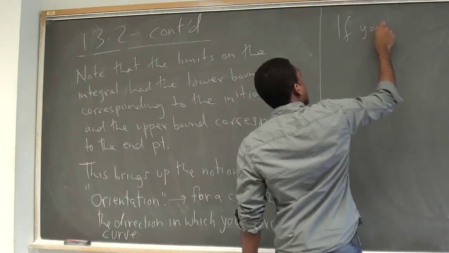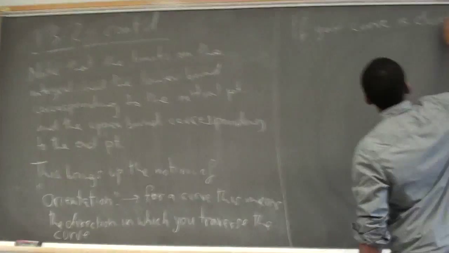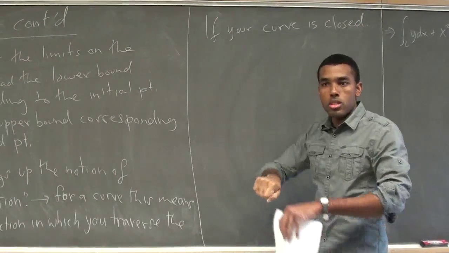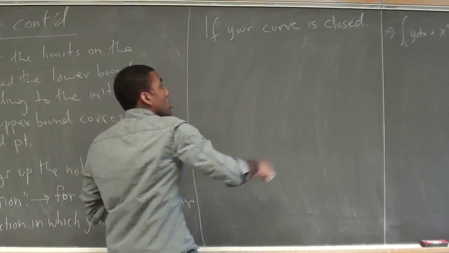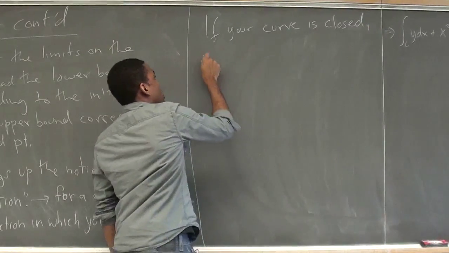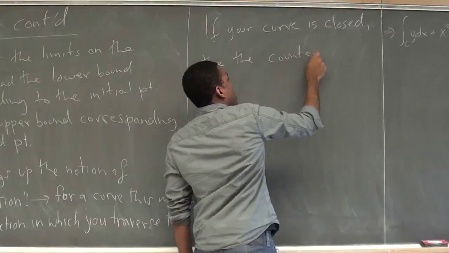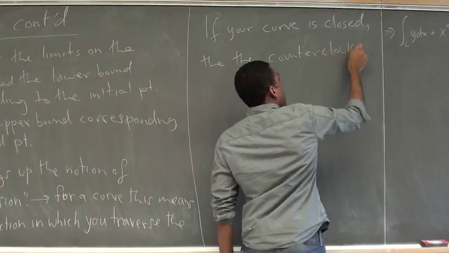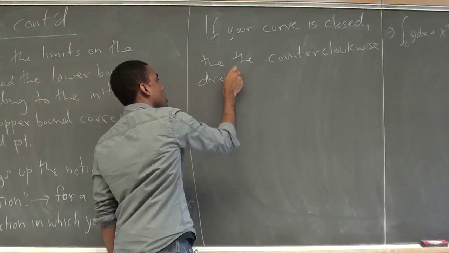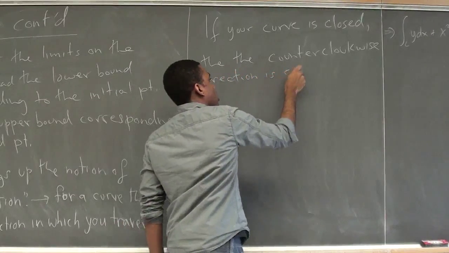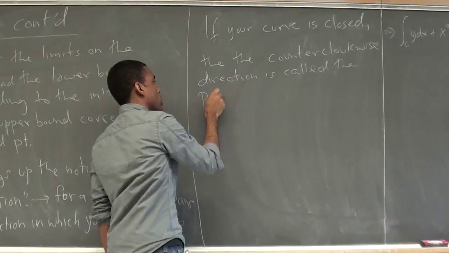If your curve is closed, and closed means the start point and the end point are the same, you just go in a loop and end up where you started, then the counter-clockwise direction is called the positive orientation.